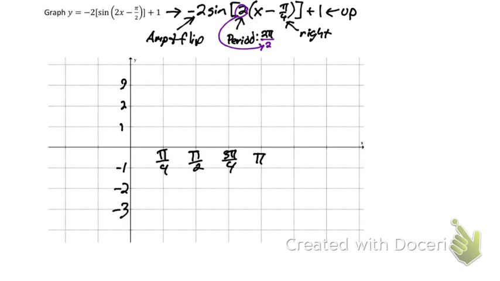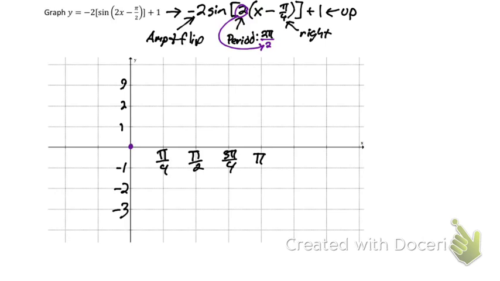Regular sine starts at 0, 0, goes up 1, back down to here, back here. Well, 2 times sine is going to stretch our amplitude to 2. So rather than going up 1, it's going to go up 2. Back down here, down to negative 2, back up here. Since it's negative, rather than going up 2, it's going to instead go down 2.